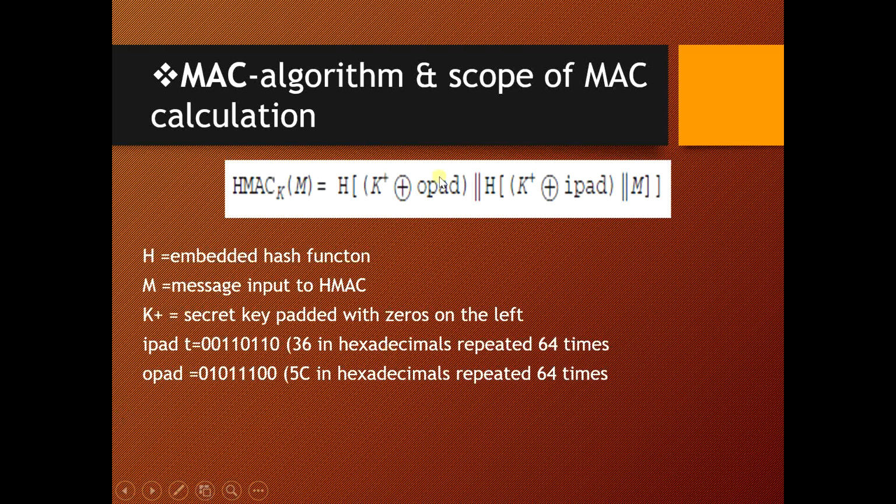Whereas this OPAD, that is the padding that we are going to add, will correspond to 5C in hexadecimal, which will be repeated 64 times. Again, this corresponds to 512 bits.